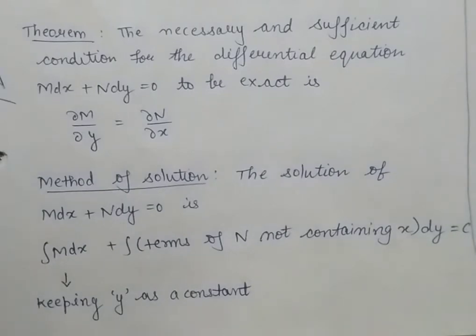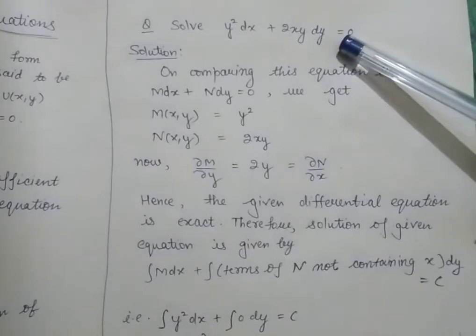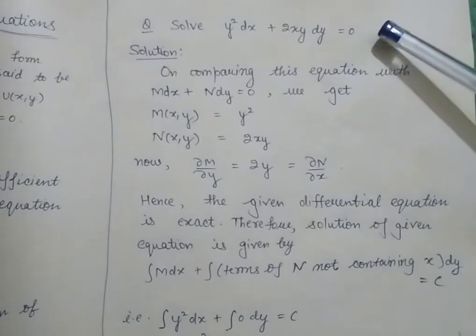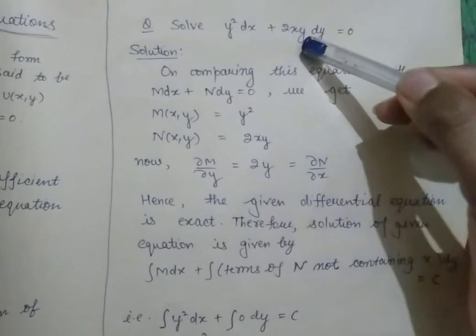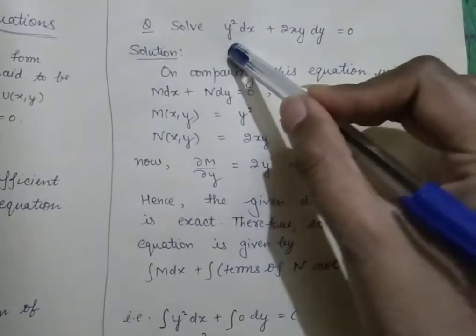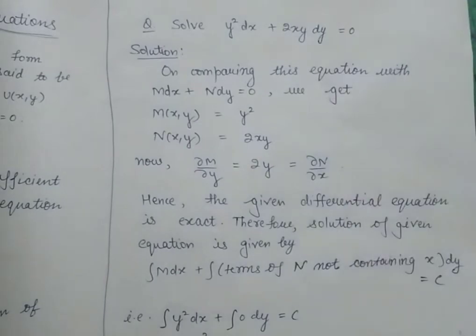Now we see some examples of exact differential equations to get more idea. Question: solve y² dx + 2xy dy = 0. This equation is of the form M dx + N dy = 0, where M is y² and N is 2xy.